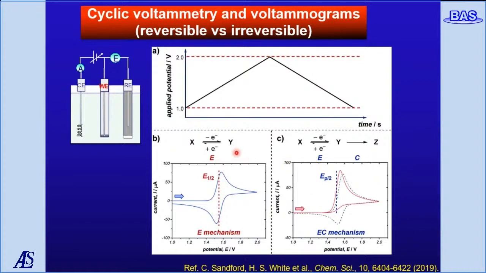Here, the E represents an electron transfer at the electrode surface, and the C represents the homogeneous chemical reaction. So, ECE mechanism refers to an electrode reaction in which the product produced by electron transfer is immediately converted to Z by chemical reactions.